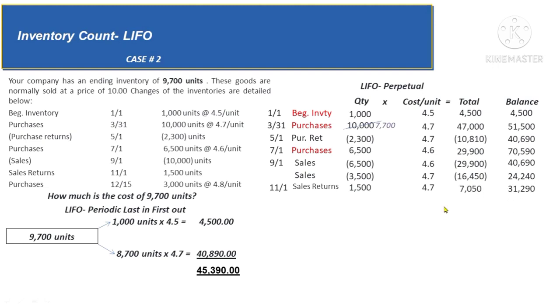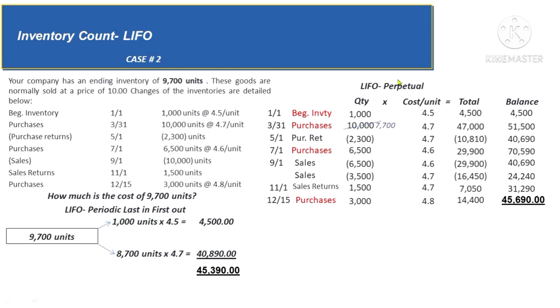If it is added to the running balance, we will have an updated balance of 31,290. And lastly, on 12/15, we have a purchase of 3,000 units at 4.8, which is equivalent to 14,400 in all. Now, we need to add this to the running balance, and we have 45,690 for the 9,700 units remaining.